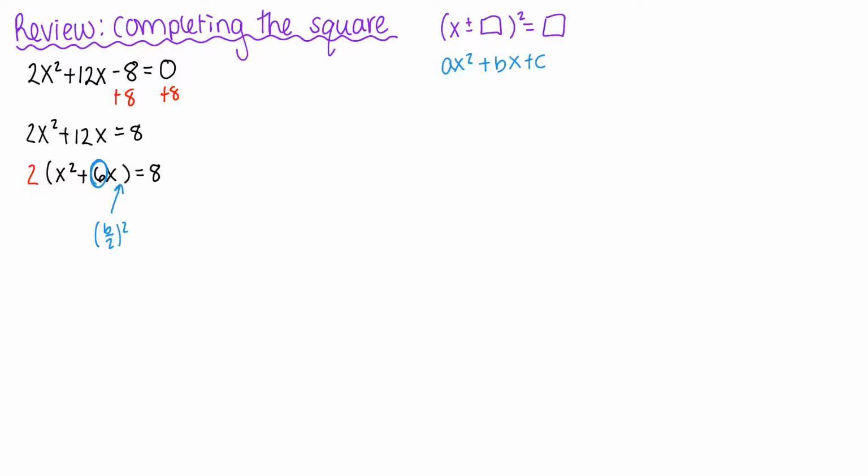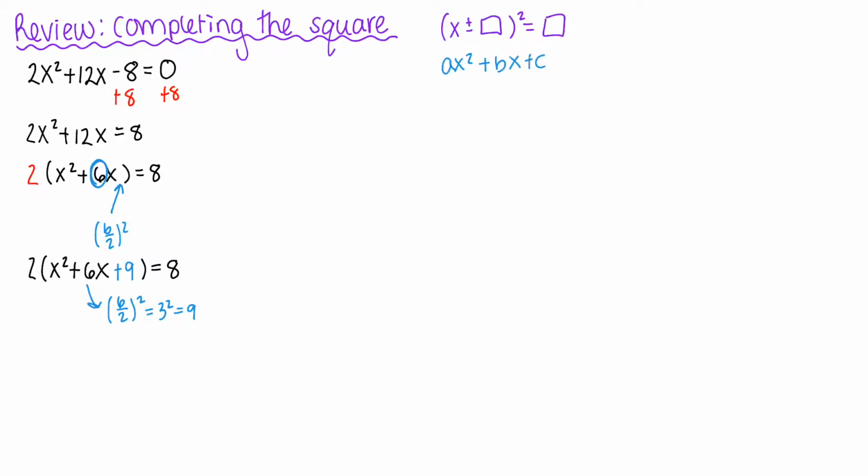So when I'm saying b divided by 2 squared, I'm talking about taking this value, divide it in half and square it, and you're going to add it in on the inside there. So here we have 2 times x squared plus 6x. 6 divided by 2 is 3. 3 squared is 9. So I'm going to add 9 here.